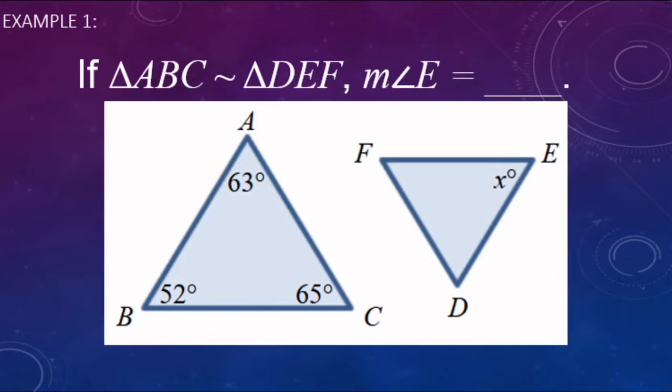All right, let's look at this example here. So now these two triangles are similar. Triangle ABC is similar to triangle DEF. This symbol does mean similar. Now these two triangles have been flipped and rotated, so they don't match up perfectly like the last ones. So we have to use the notation up here. If you look here, the A and the D are in the first position, so that means vertex A and vertex D are corresponding vertices, or corresponding angles in this case.